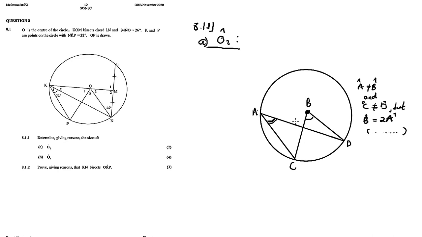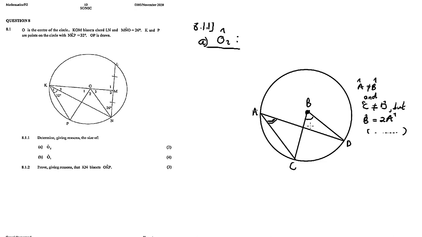I don't remember, but the theorem says B is equal to 2 times A. This structure is similar to the structure here, OKPN: K is the same as A, P the same as C, N the same as D, and B is the point at the center.